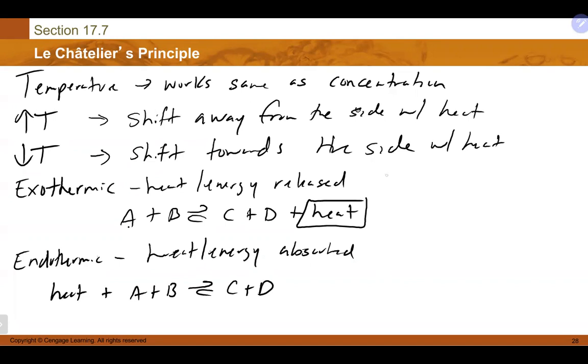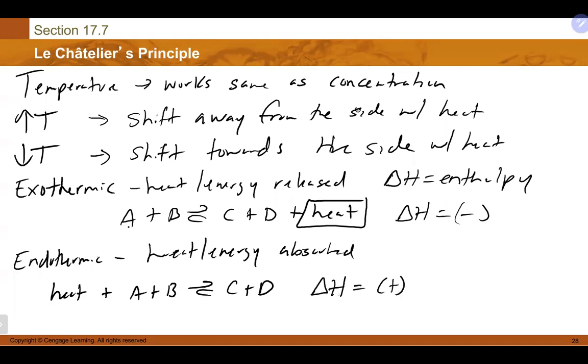More often than not, energy in a reaction is given by delta H. If you remember, that is our enthalpy, the heat of our reaction. Pretty much all energy values that are negative are exothermic. So very commonly, delta H will be given to you and if it's a negative value, it's an exothermic reaction. If delta H is a positive value, it is an endothermic reaction.